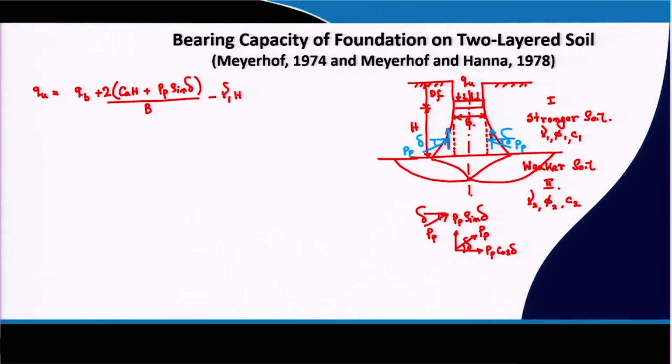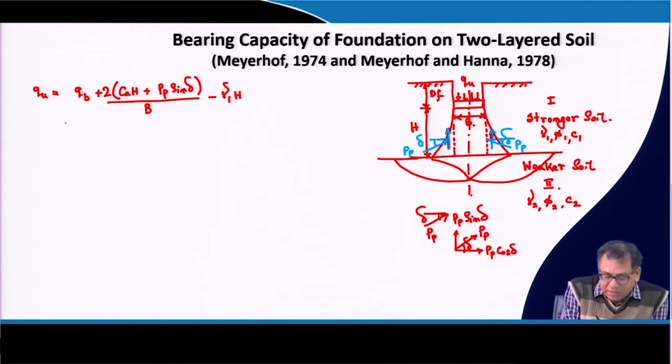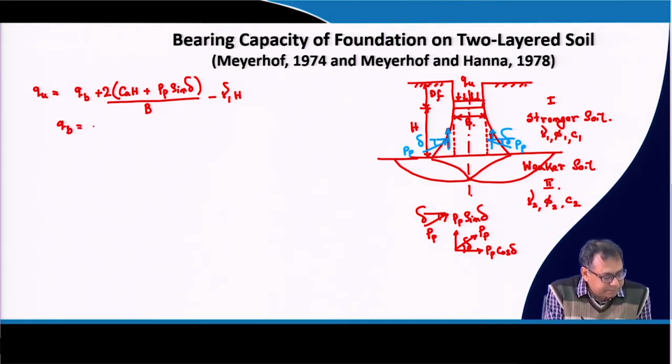Now, why this minus gamma 1 H? I am just explaining that. So, now your qb is the bearing capacity of the base soil.